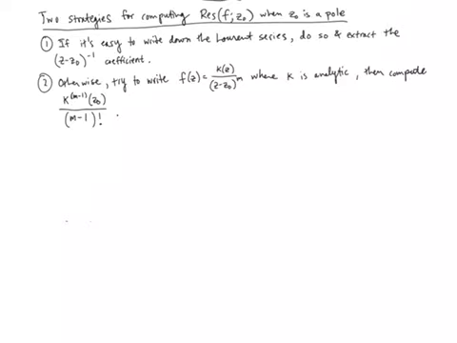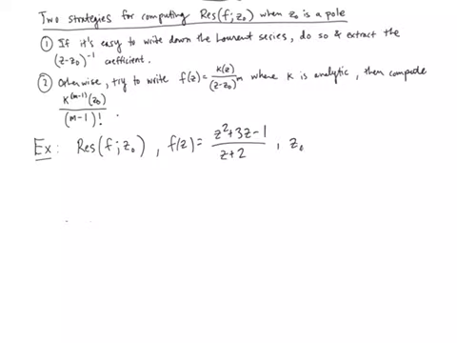So first example. Let's look at the residue of f at z naught, where f of z is (z squared plus 3z minus 1) over (z plus 2), and z naught is negative 2.